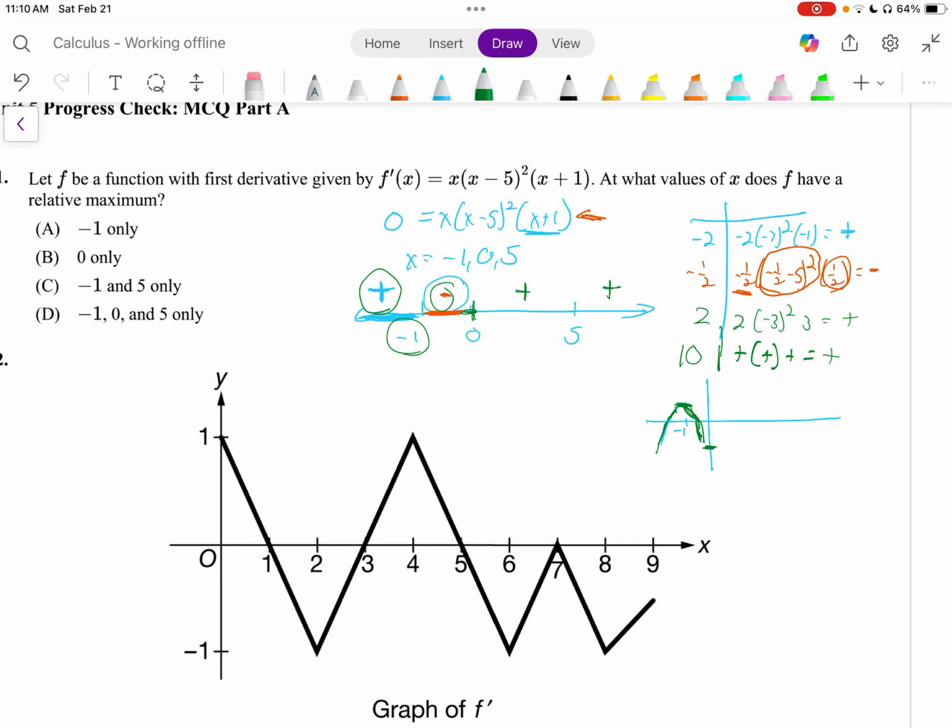It's negative, then 0, then positive. And then at 5, it's positive to the left of 5, 0 at 5, and then positive again after 5. So we see that we have a maximum at -1, a minimum at 0, and a point of inflection here. We're only looking for maximum, so we have a relative maximum at -1.